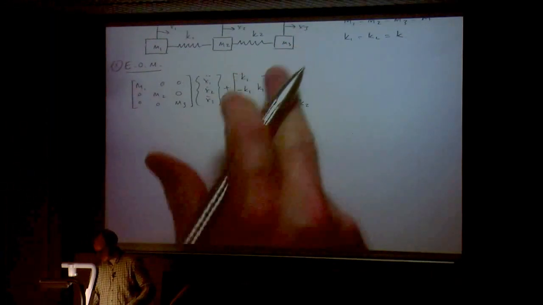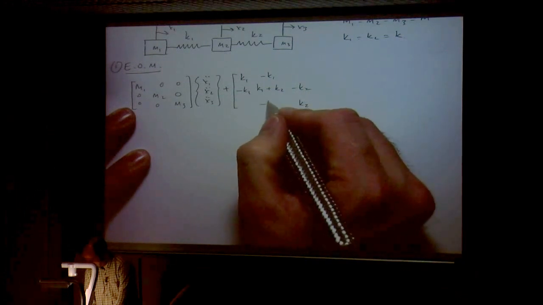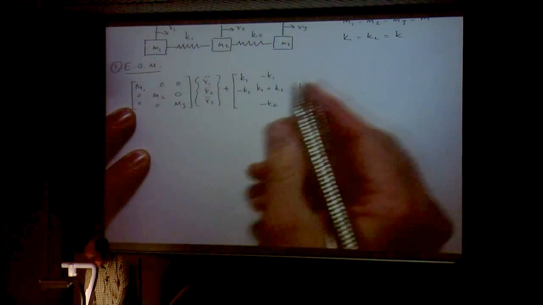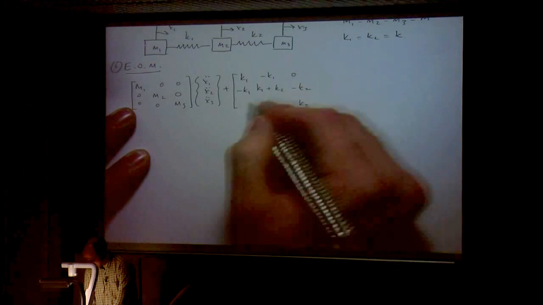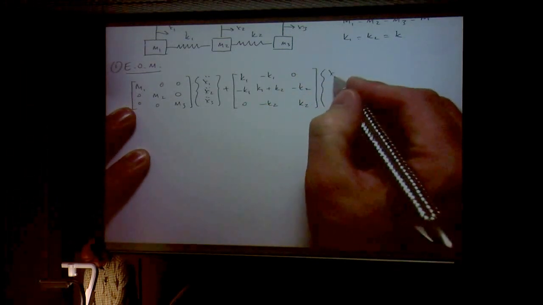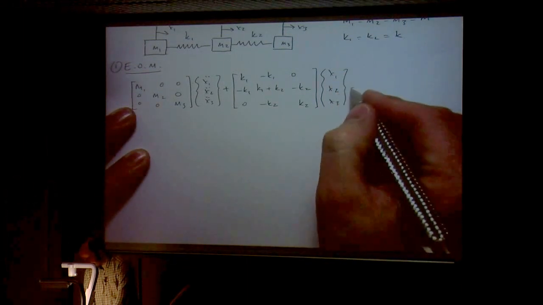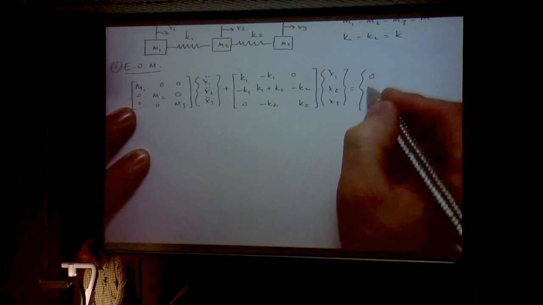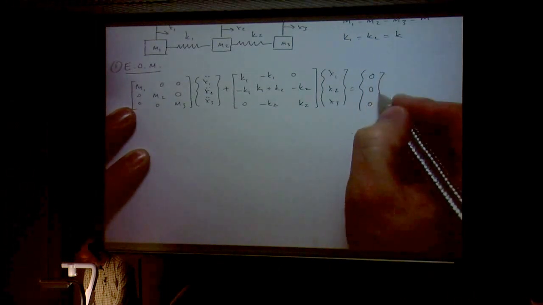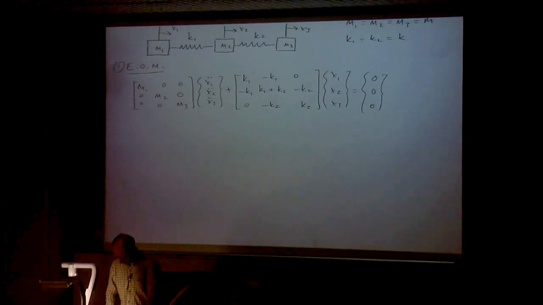Between mass 2 and mass 3 that's going to be minus K2. There are no springs connecting mass 1 and mass 3, so these terms are 0. Then X1, X2, X3, and there are no applied forces, so our value there is 0.